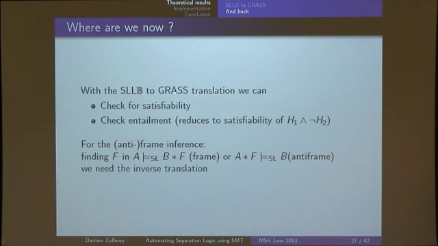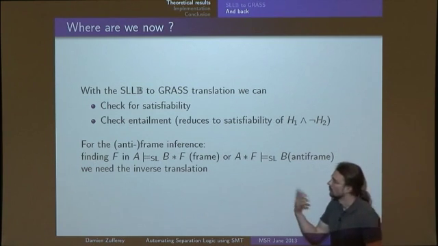So we've seen how we can reduce this separation logic of a singly linked list to this graph reachability and stratified set. And since we have negation, on top of satisfiability we can also do the entailment check. That was one of the motivations, so that we have a uniform way of dealing with them. But now there is also this question of frame inference and abduction. Abduction is also sometimes called anti-frame inference.